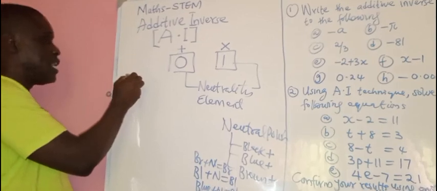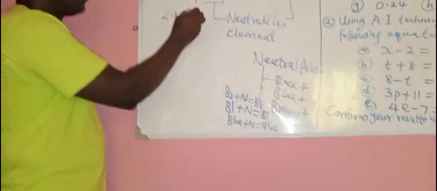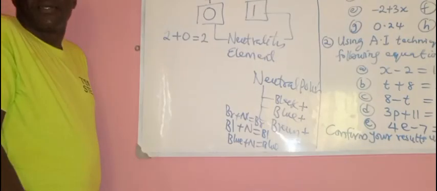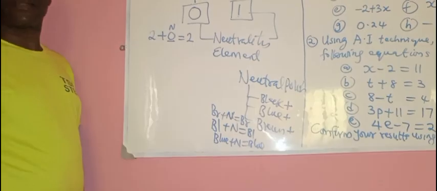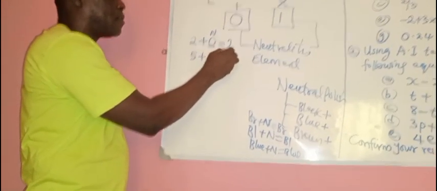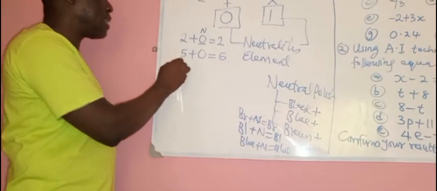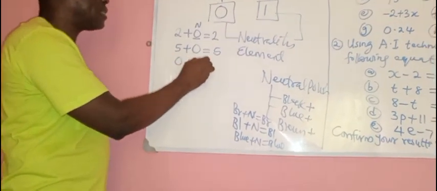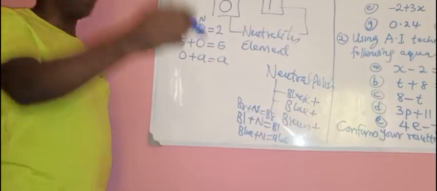For example, now, if I said 2 plus 0, what is 2 plus 0? 2. This 0 is like a neutral polish. Is that clear? If I say 5 plus 0, what is 5 plus 0? 5. It doesn't affect it. If I say 0 plus A, what is that? It's A. What's your name?